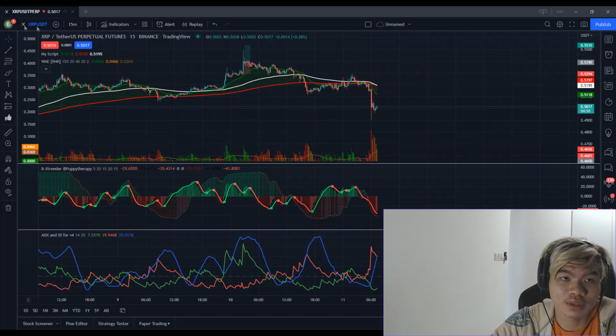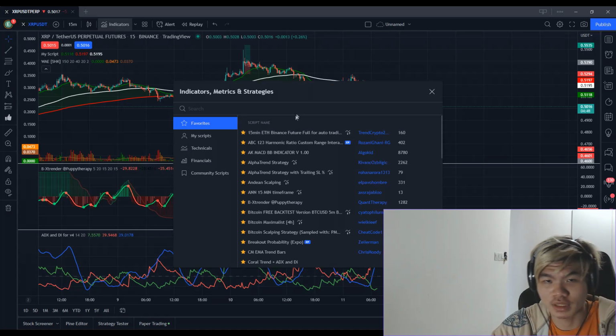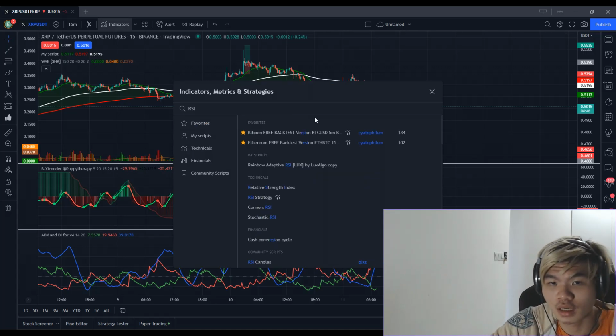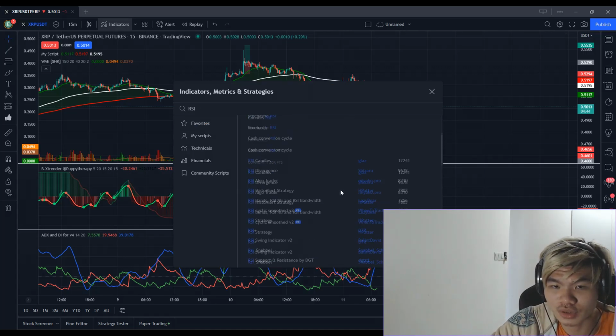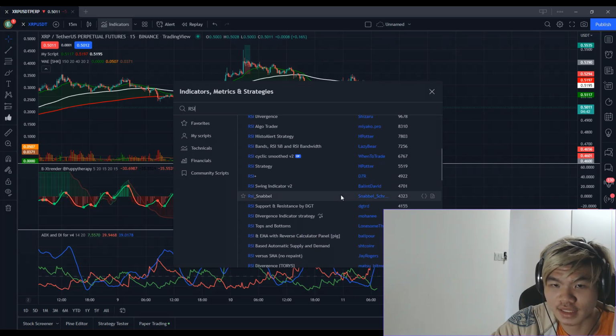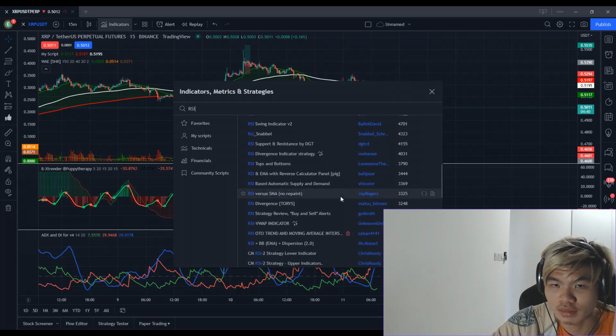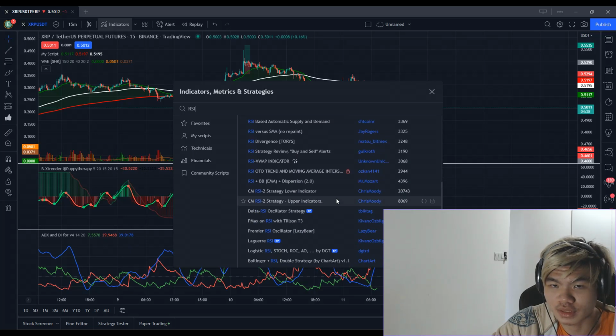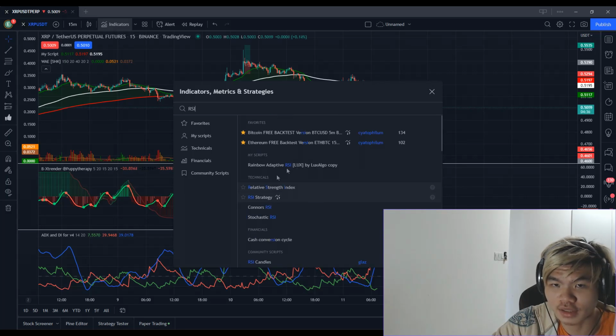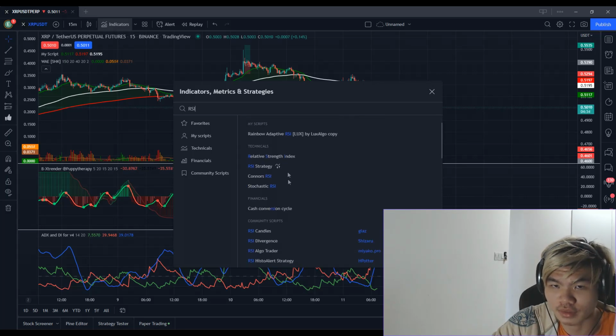So the first thing I want to add is going to be an RSI. I'm not very sure which is the best RSI yet, honestly speaking, but I think a normal RSI is fine, or I'm not using a stochastic RSI.